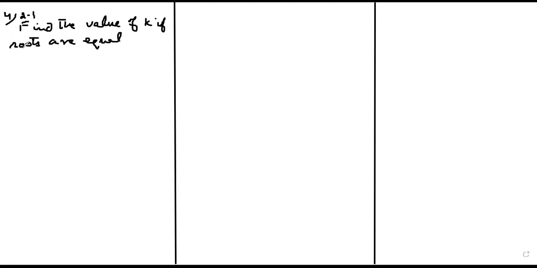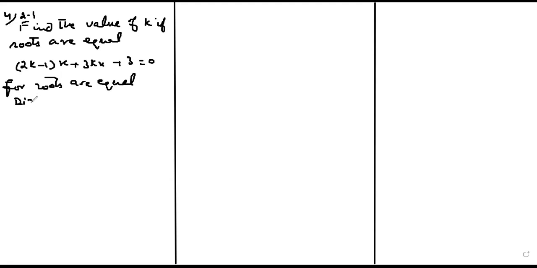So the equation is 2k minus 1 the square x square minus 2k minus 1 times x plus 3kx plus 3 equals to 0. So for roots are equal, discriminant must equals to 0.